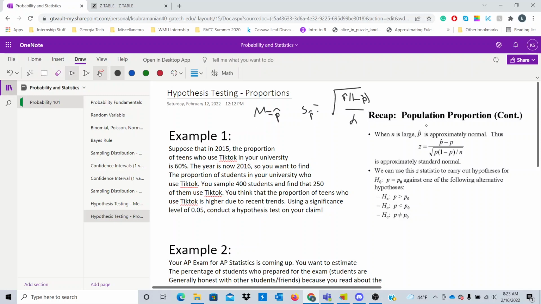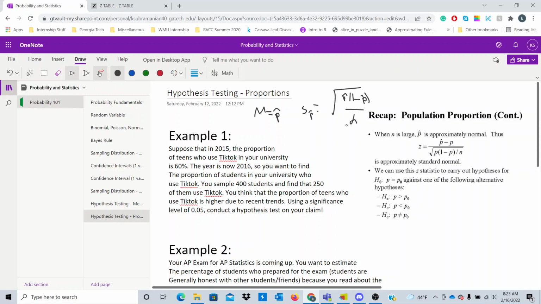Using this logic, we're able to build our formula for calculating the z or t statistic when we need to. We did this in the confidence interval video, so I would also recommend reviewing that video if you want a quick refresher.